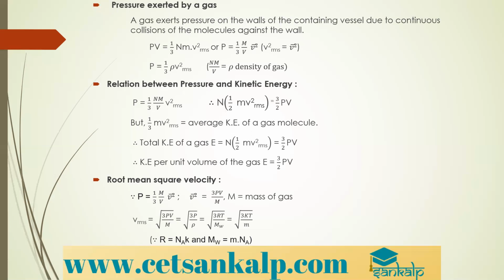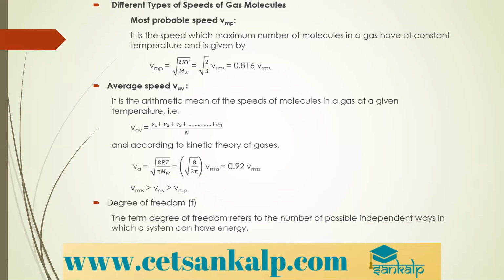Next, different types of speeds of gas molecules. So see here, that is most probable speed. It is denoted by VMP. It is the speed with which the maximum number of molecules in a gas have at constant temperature, and it is given by VMP equal to under root of 2RT divided by MW, that is also equal to root of 2 by 3 VRMS.